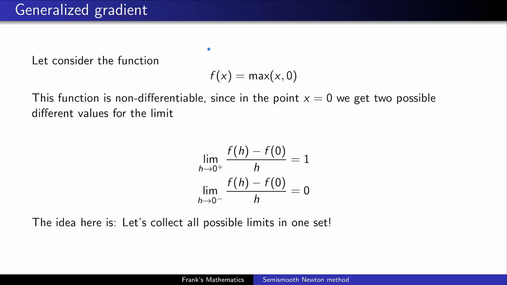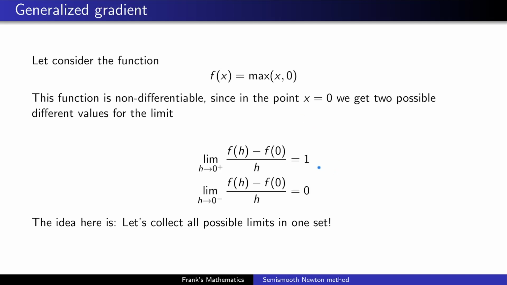So, to motivate the semismoothness, we start with the function f of x, which is just the maximum of x and 0. It's very simple to see that this function is non-differentiable, because if you take a closer look at the point x equals 0, we get 2 different possible values for the limit.